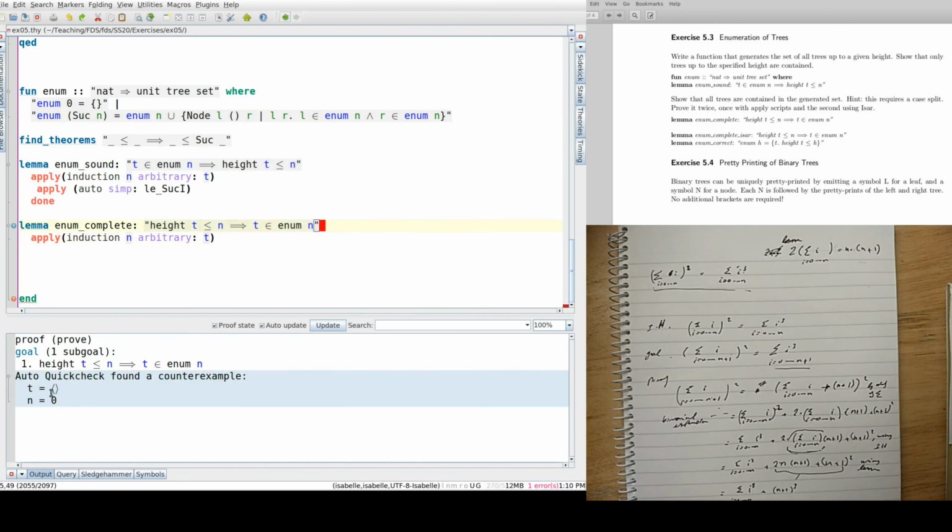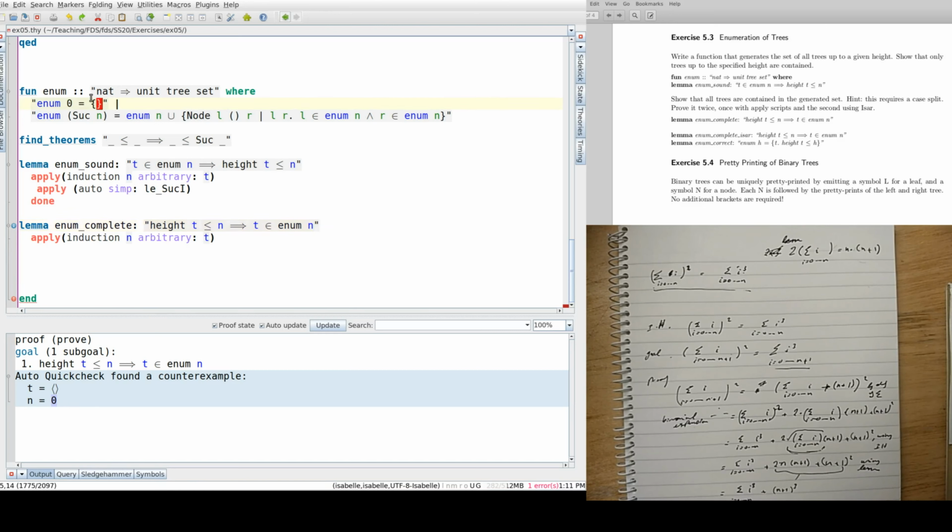Okay, so if you're given 0, the function enum will give you the empty set, but it should give you the tree whose height is less than or equal to 0, which is the leaf, and that's why we need to do that there.